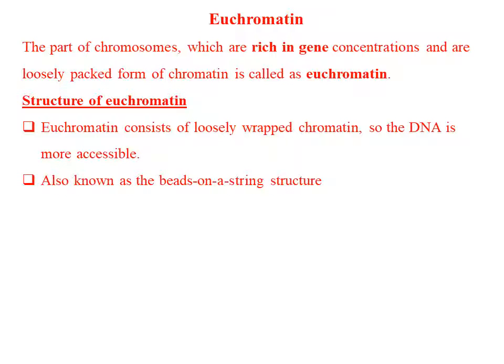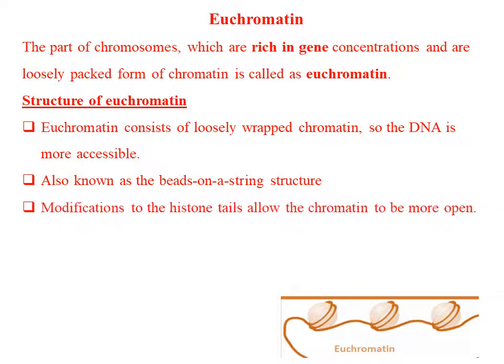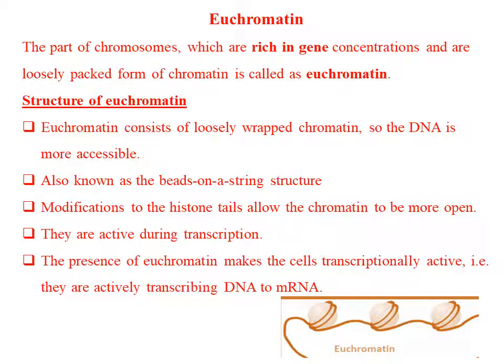It is also known as the bead on a string structure, like this. The modification to the histone tails allows the chromatin to be more open, so they are actively involved in the transcription process. They are active during transcription. The presence of euchromatin makes the cells transcriptionally active, that is, they are actively transcribing the DNA into mRNA.